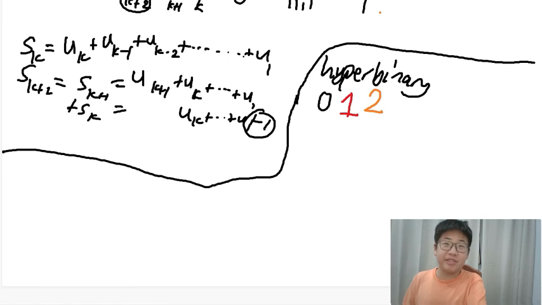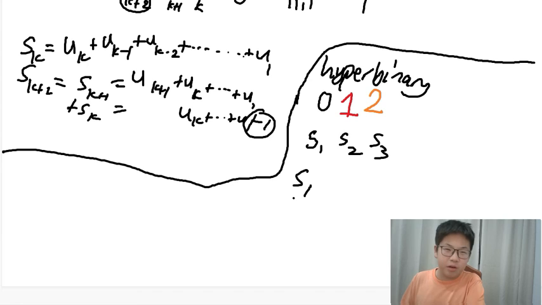The number of representations you can have is the Stern-Brocot sequence. Yes, the Stern-Brocot sequence is basically the number of representations of hyperbinary, though it links to a different area of maths altogether. So we have the Stern-Brocot sequence S1, S2, S3, say.